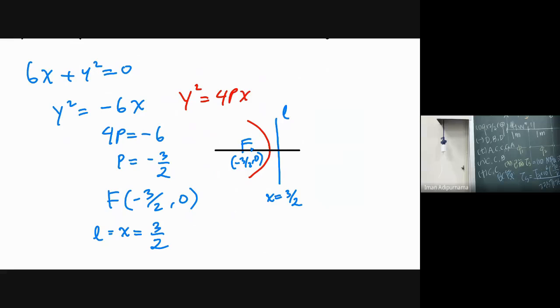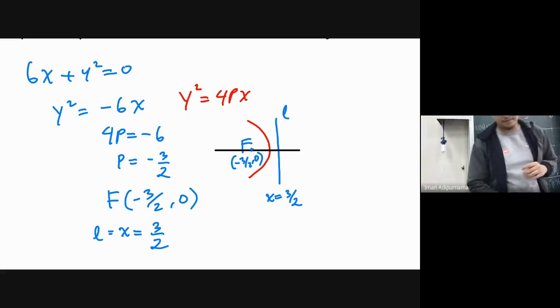It's similar. So if you are just asked to draw and find the focus and directrix, you can draw like this in your exam. That's fine. It does not have to be smooth or really plotting the graph. Not really necessary.